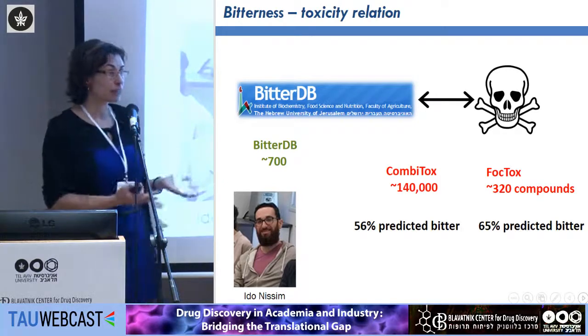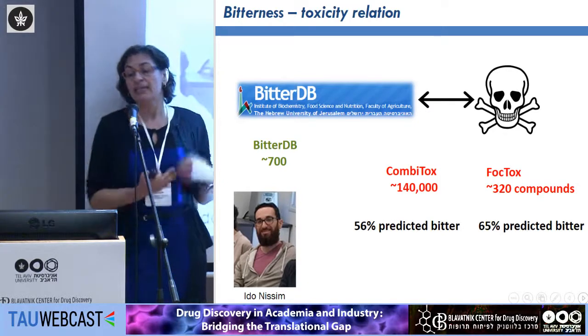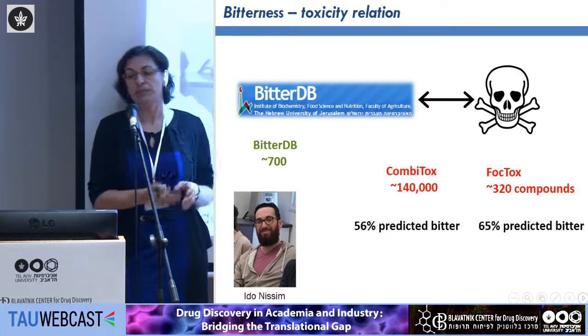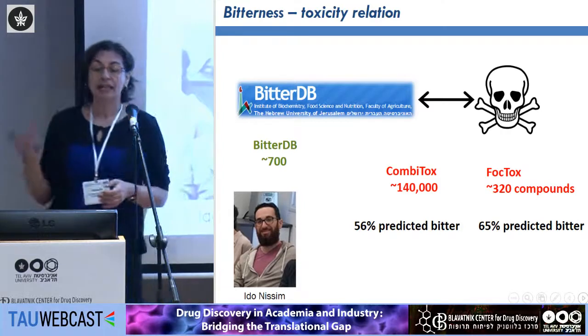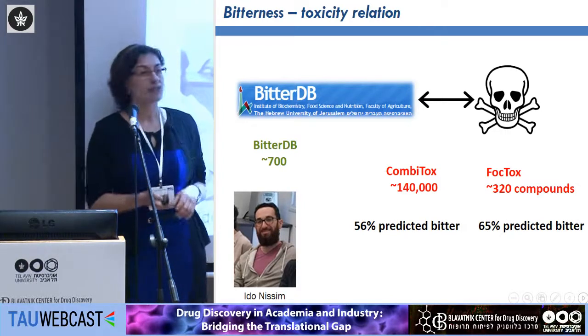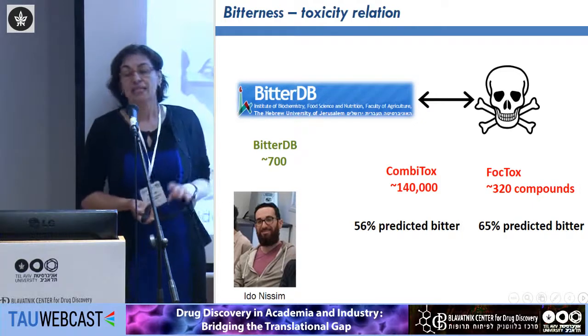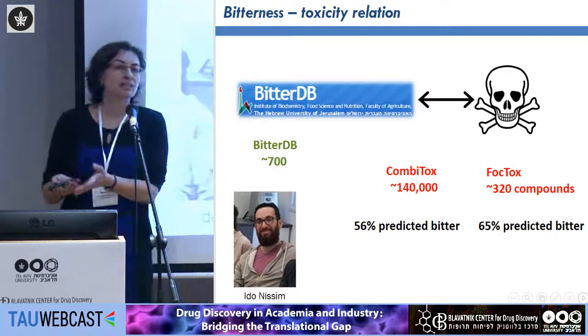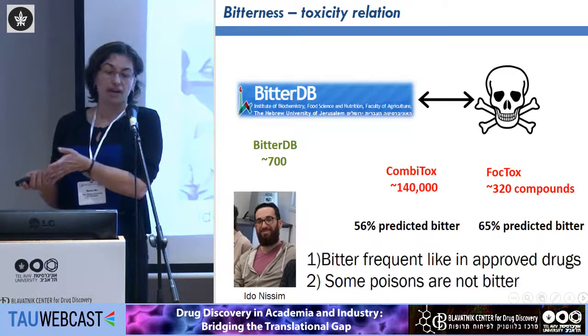But now we have the predictor, BitterPredict. And so indeed, in the Combitox, around 60% are predicted to be bitter, a little below, and a little higher than that predicted to be bitter in the focused toxic library. So it does seem to have bitter taste, but again, even less than in drugs, or similar to what we have in drugs.